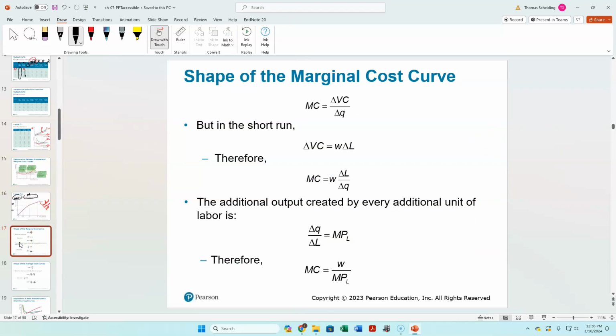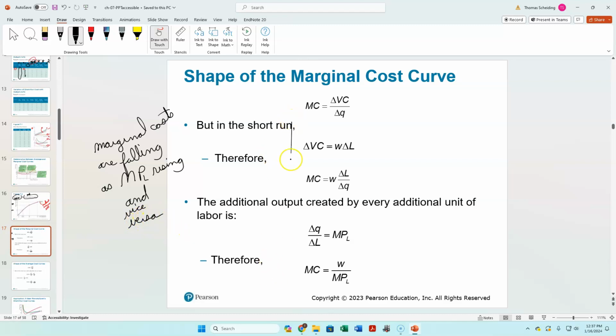And you could understand it if you have a mathematical mind. This slide would be useful to you, where my marginal costs are affected by my marginal productivity levels, that my marginal costs are falling as my marginal productivity of labor is rising, and vice versa.